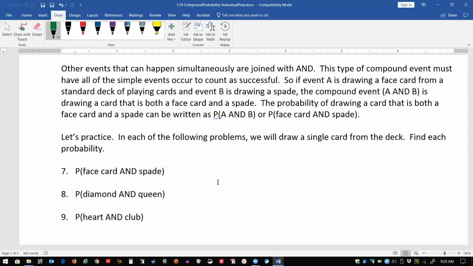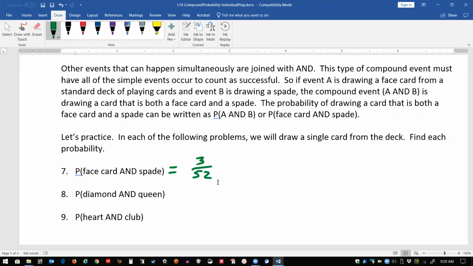In my spade suit, there are 3 face cards, right? We have the jack, queen, and king of spades. Since there's 3 cards out of my 52 that meet both of these conditions, remember, to be successful, they have to meet all of the conditions if it's an and compound probability, right? Then our probability for this one is simply 3 out of 52.